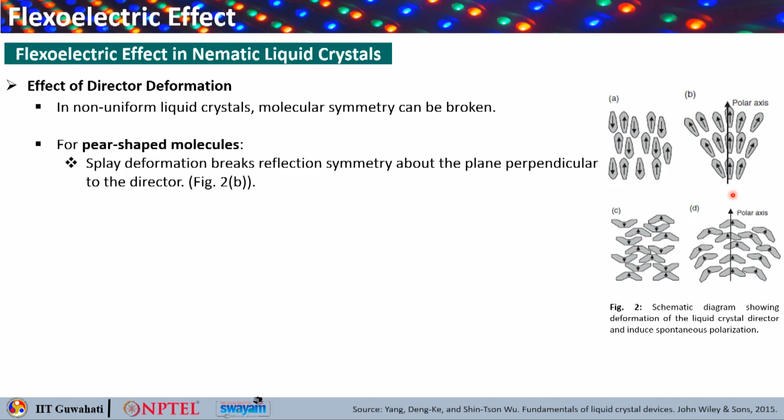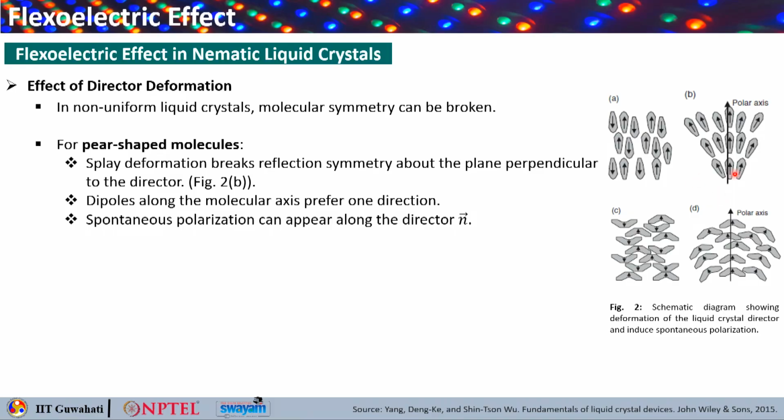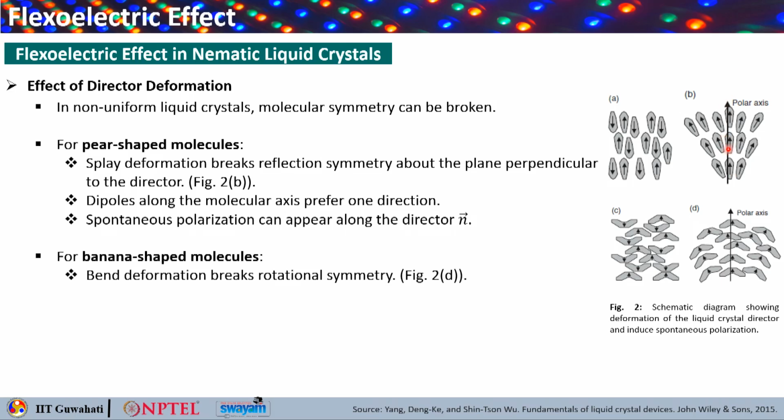Here you see these are pear-shaped molecules, and this is the splay deformation that is happening. In that case, the dipoles along the molecular axis now prefer one direction. So what is happening, a spontaneous polarization can now appear, that is again along the direction of the director, that is n cap.